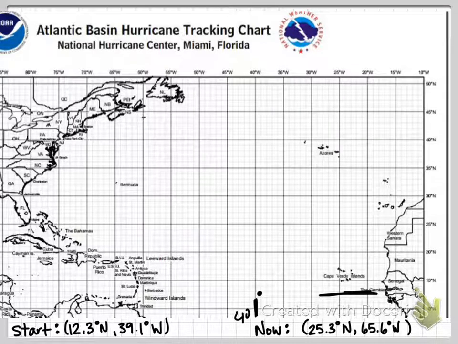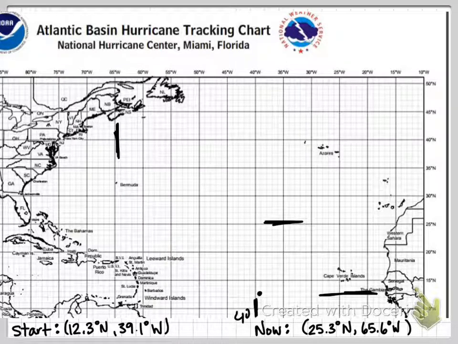So now where he is right now is 65.6 west. Well, this line right here is our 65. And he's at 25.3. Okay, this is our 25.